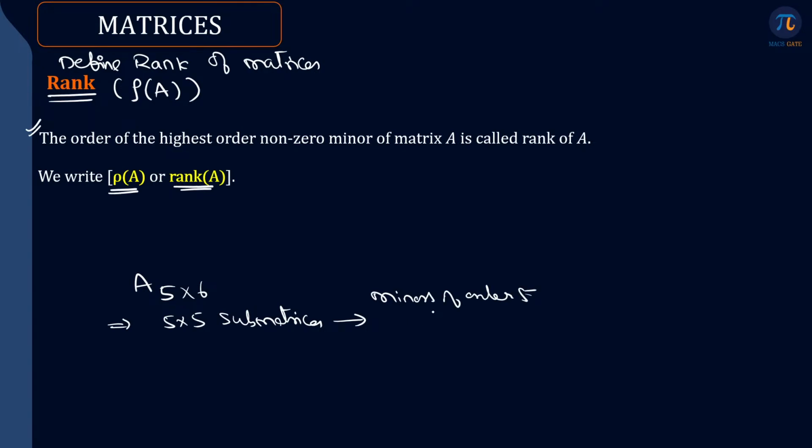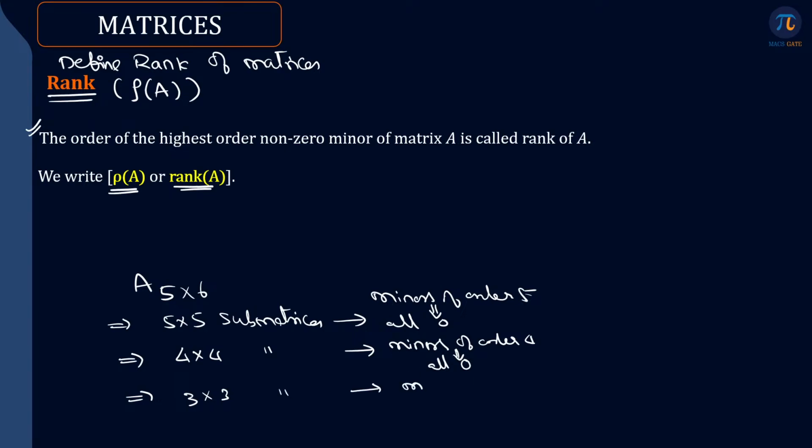And if all of them are 0, then you go for 4 by 4 submatrices. Find their determinants, and their determinants are called minors of order 4. Suppose all of them are 0, then you have to go for 3 by 3 submatrices. For 3 by 3 submatrices we can find the determinant, the minors of order 3.